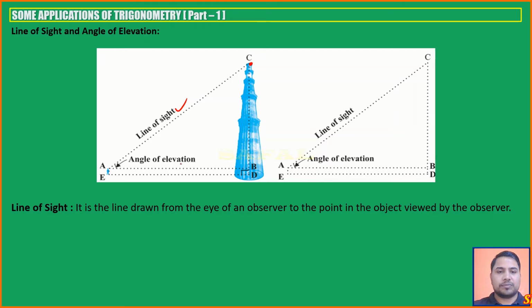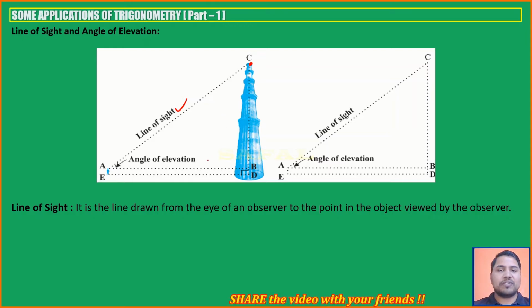Now the observer is raising his or her head in upward direction to look at the peak of this Qutub Minar, right? So I can say the observer is raising his head in upward direction.